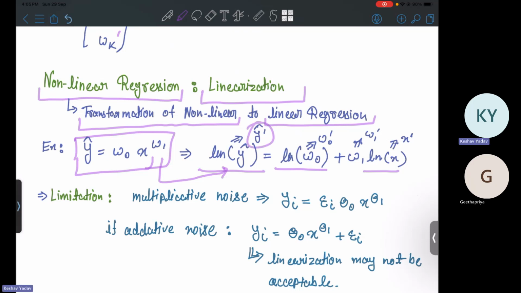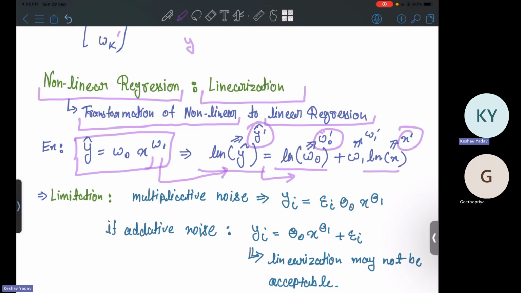Calling y dash hat this ln of y hat, w0 dash for ln w0, w1 dash, and x dash for ln of x, it is converted into a linear type of relation, which means we can apply linear regression.